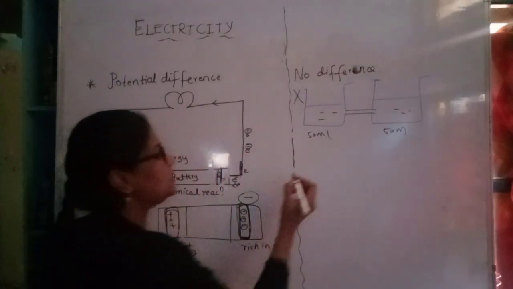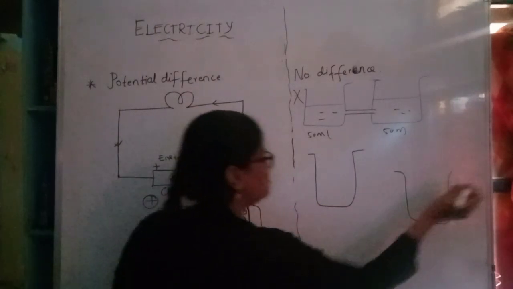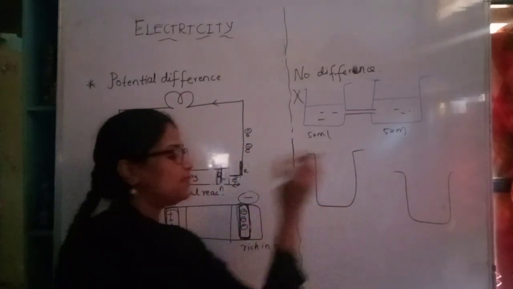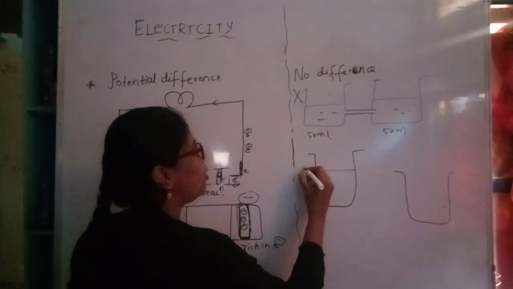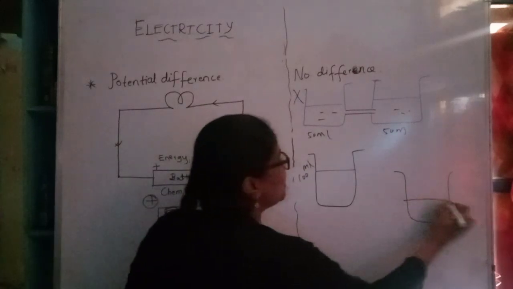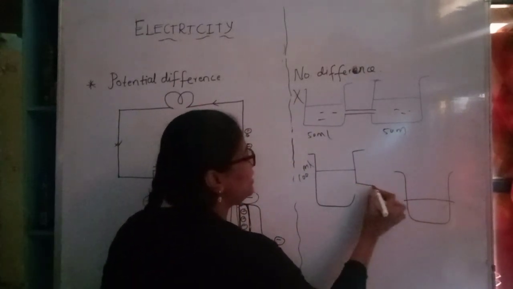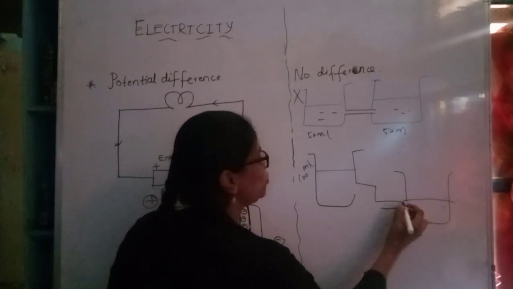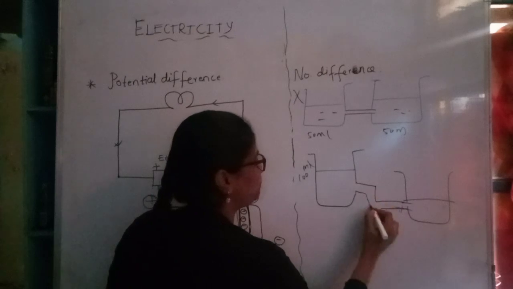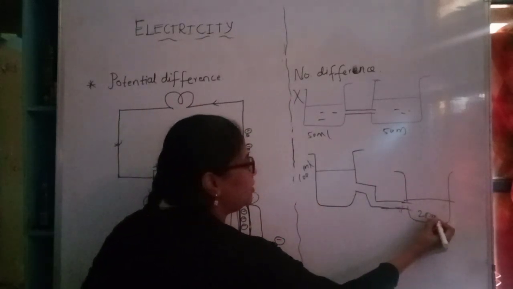Now let us consider the other case. Let us take a beaker placed at a certain height, and another placed at a different height. I am taking 100 ml of water here and 25 ml of water here, then connecting these two beakers using a pipe.